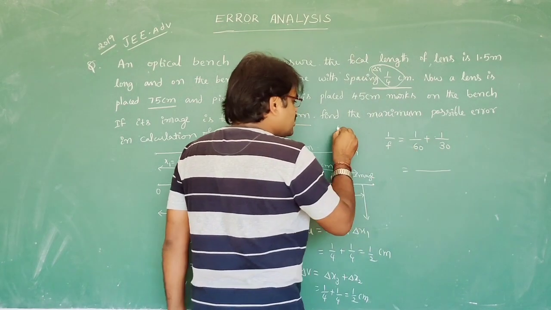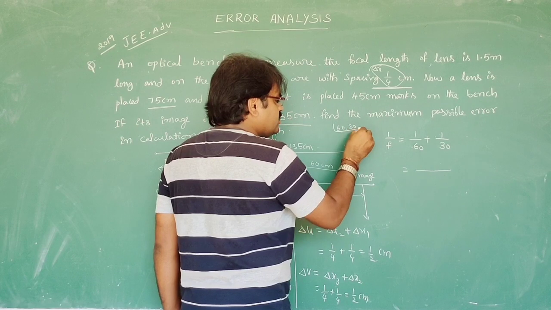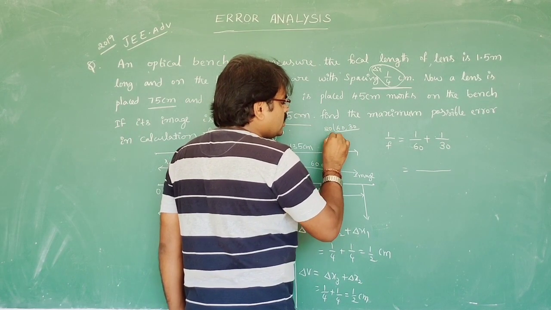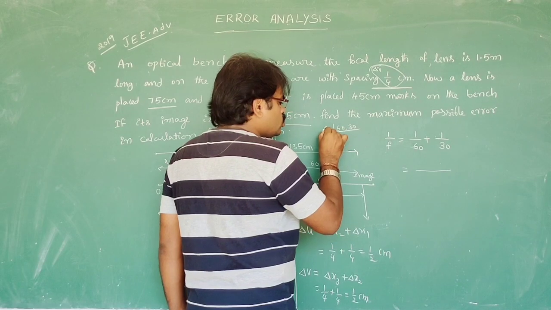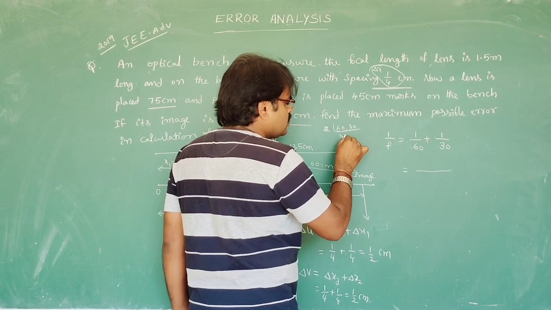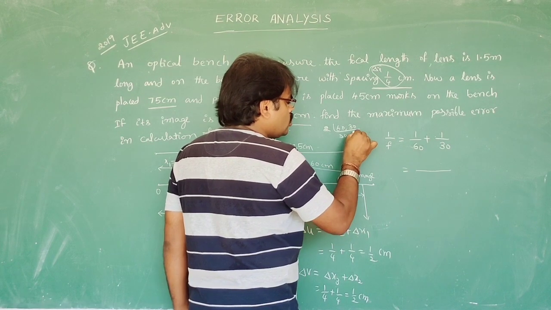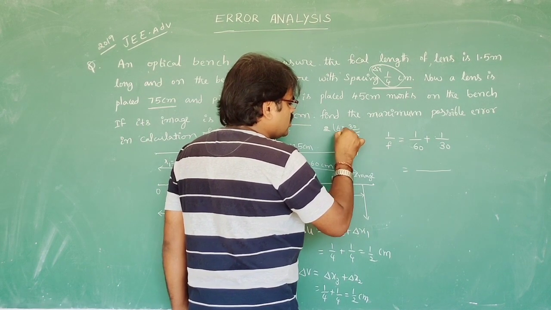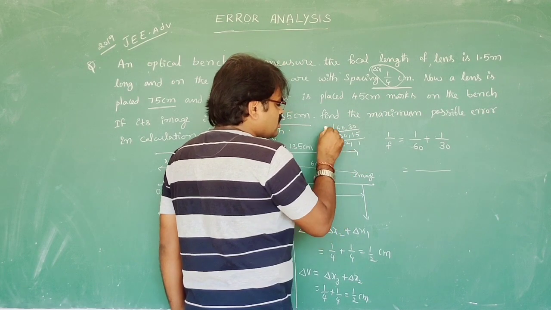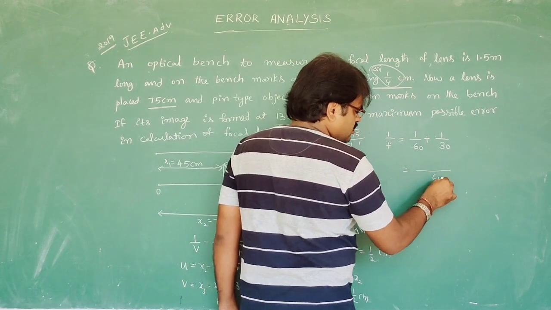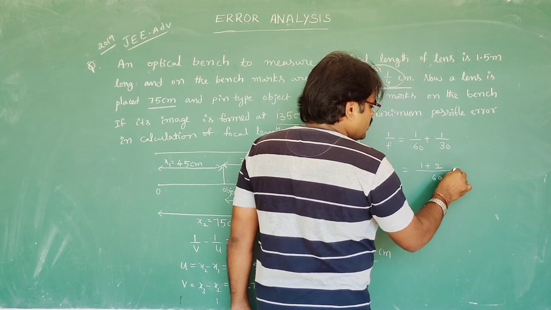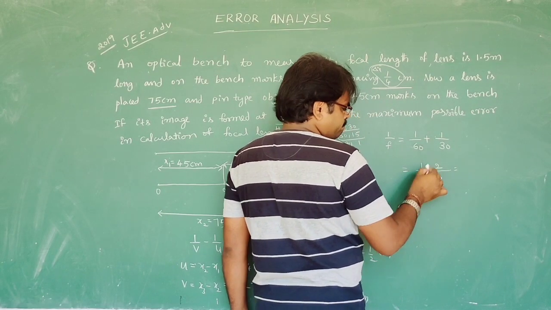Take the LCM. That is 60, 30, the LCM is 60. 20 or 2 3s are 6, 2 15s are 30, 15 2s are 30, 15 1s are 15, that is again 60. That's why it is 1 plus 2, that is what we are getting.